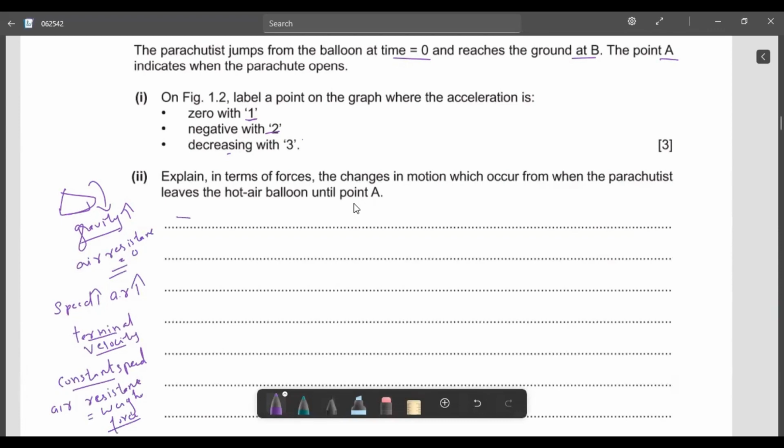So at the moment he is leaving the balloon, he experiences a significant gravitational force acting downwards. So the first point you can write is that there will be significant gravitational force at the start.